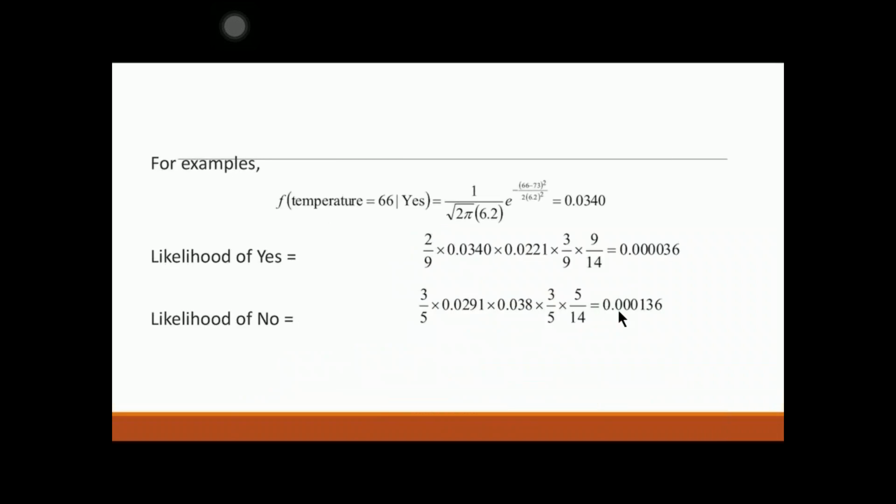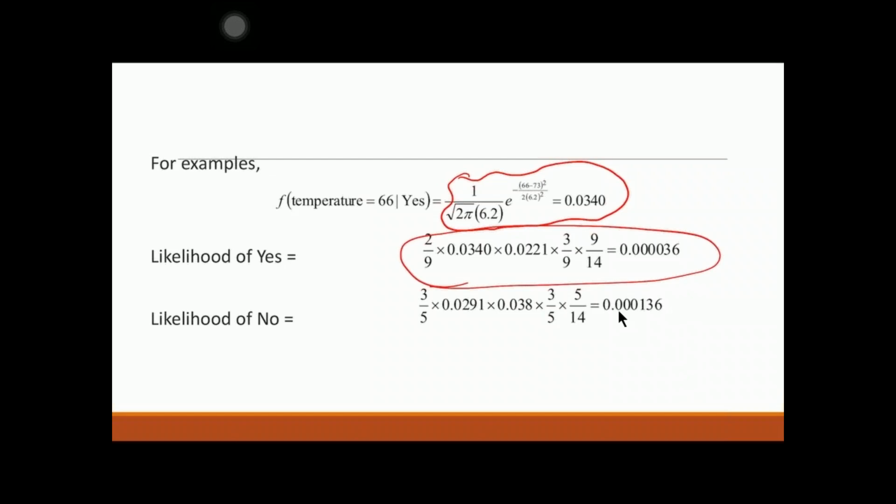So what is the probability of temperature equal to 66 given yes? You feed in this, calculate, and the same way you get the answer. These we have already seen; they came from the equation.